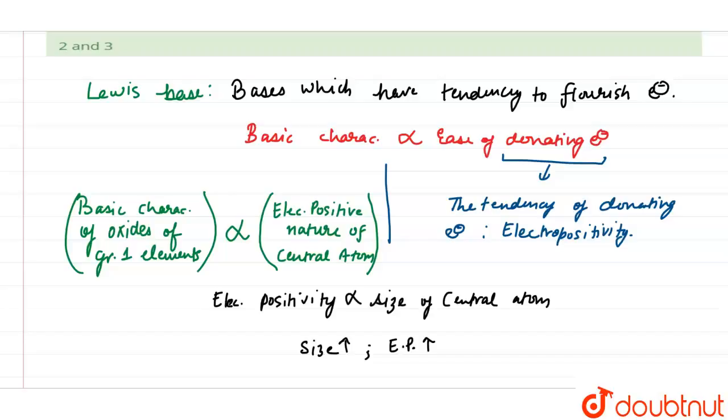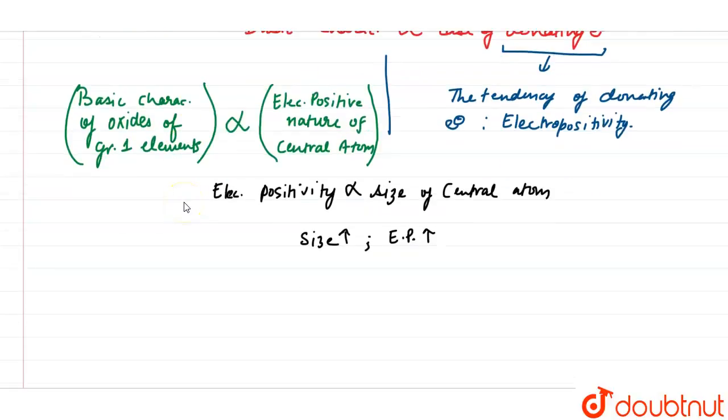Why? The reason is simple. As the size of the atom increases, the ease with which the valence electron can be lost also increases. Why? As the size increases, the distance between the valence electron and the nucleus increases, and therefore the atom can lose electron quite easily.